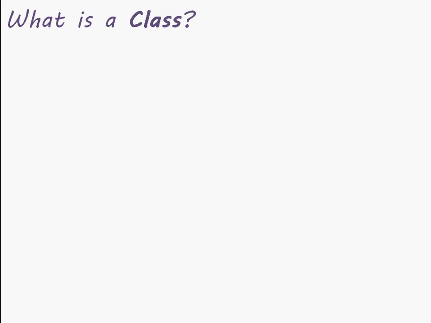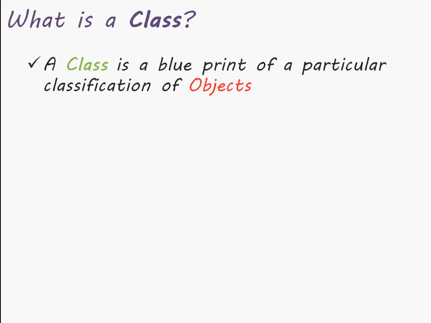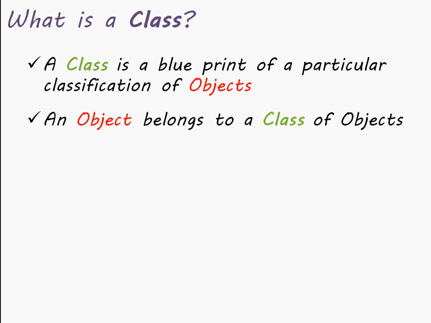So what is a class? A class is nothing but a blueprint of a particular classification of objects. For example, all the objects that are cars can be classified into a class called car. In other words, an object belongs to a class of objects.